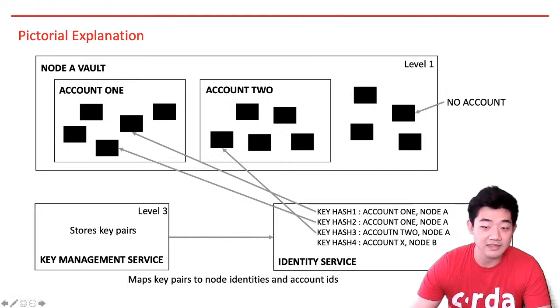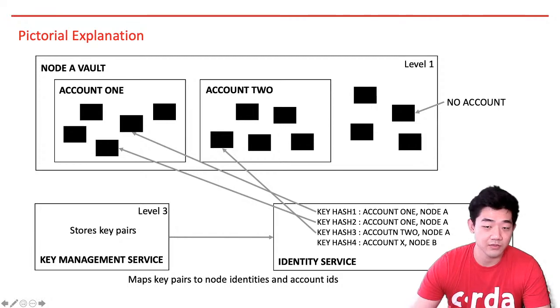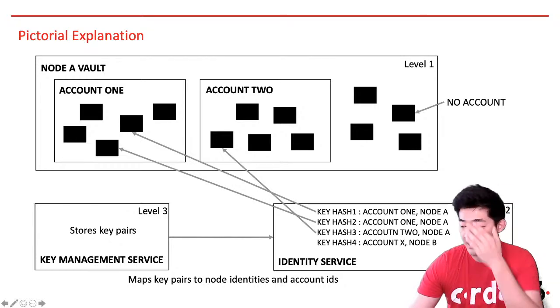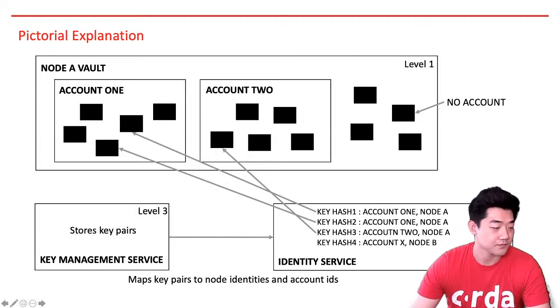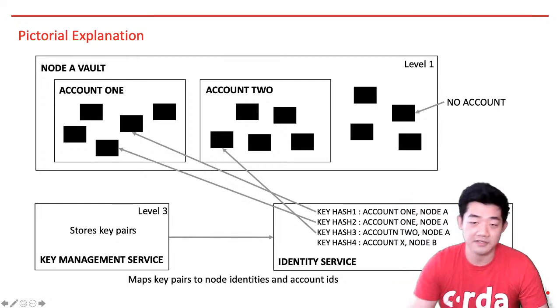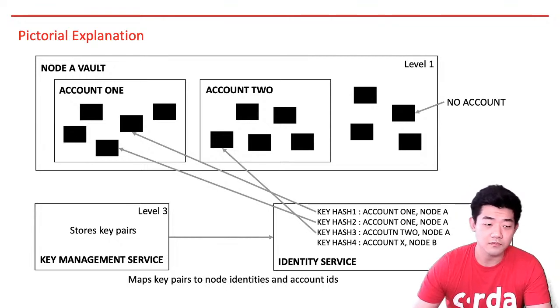But behind the scenes, your data is tagged with accounts, and the identity service will identify which hash, which key belongs to which account, and the keys are stored in the key management service. So that's basically the technical breakdown of the Corda accounts system.